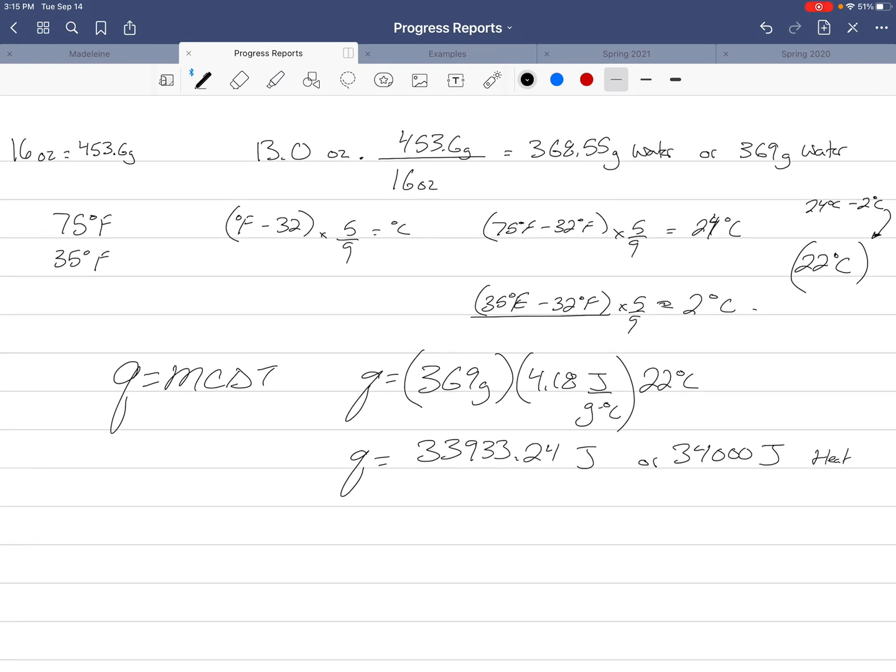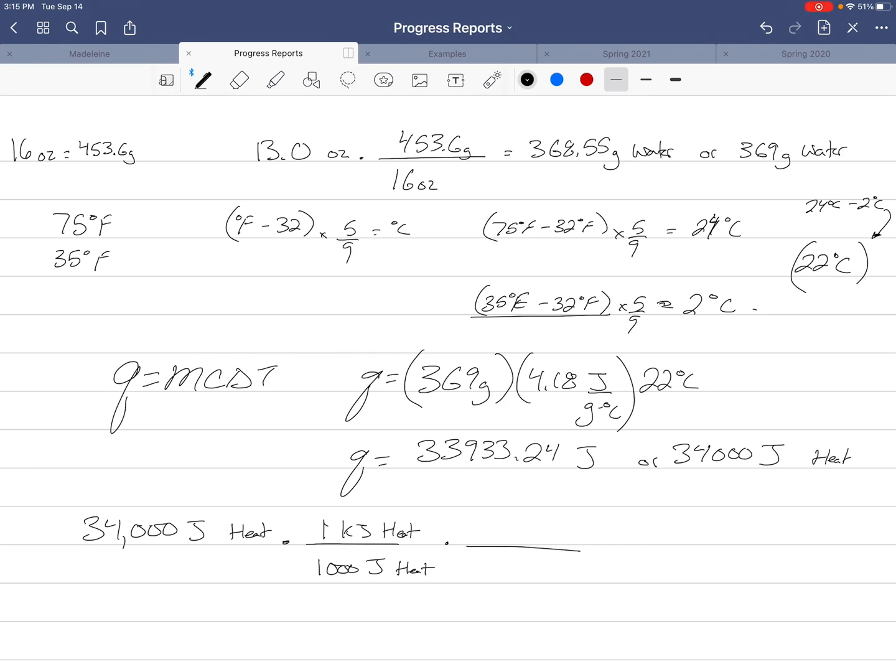So now we have to figure out how much ice. That's how much heat is lost by the water. How much does the ice absorb? Well, I take the heat, 34,000 joules of heat, and we know that 1,000 joules of heat is 1 kilojoule of heat, because kilo is 1,000.